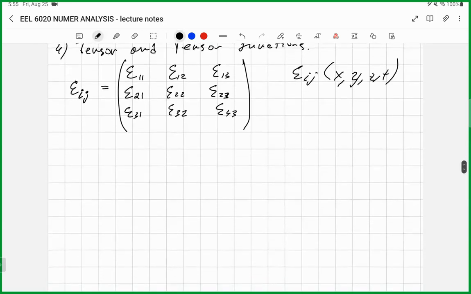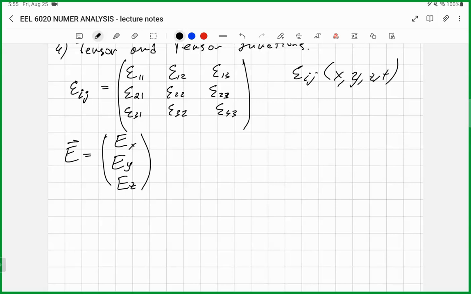As in the case of a vector, we have one column, right? Like e x, e y, e z. I could use 1 2 3. It doesn't really matter.